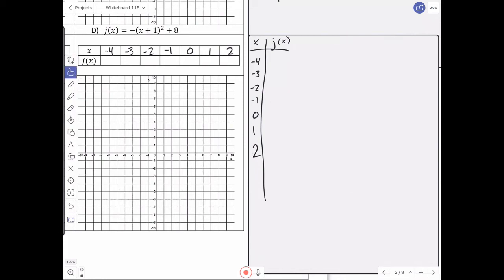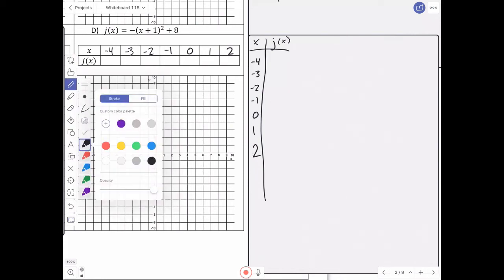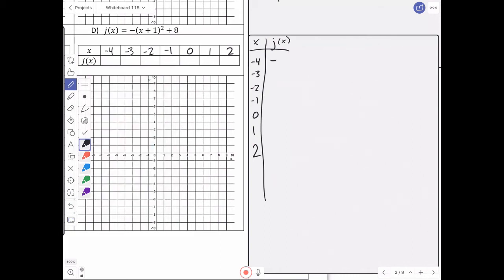And let's see, I've got negative 4 plus 1 squared plus 8.